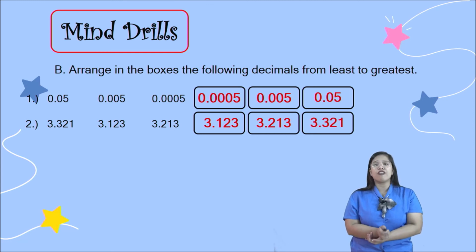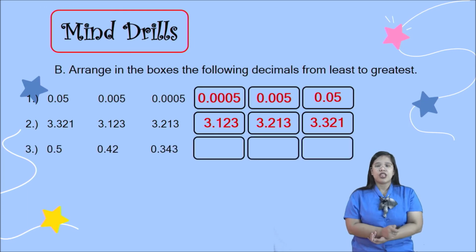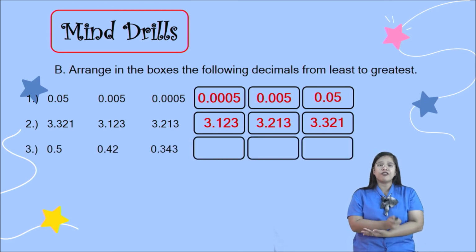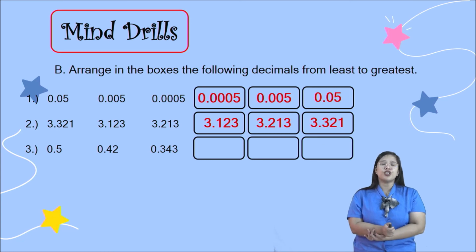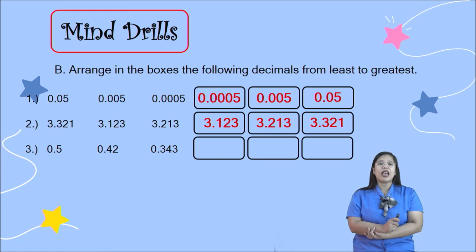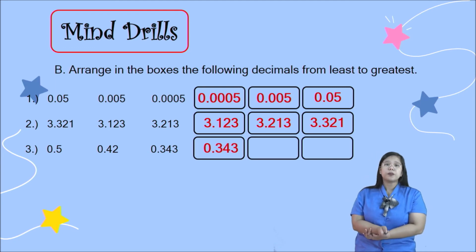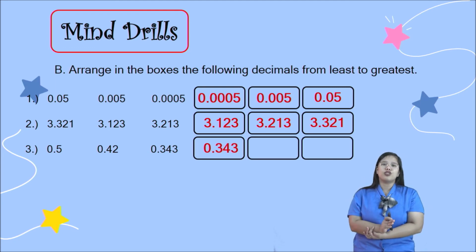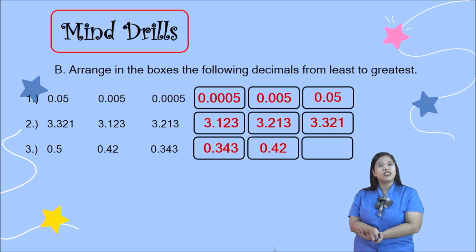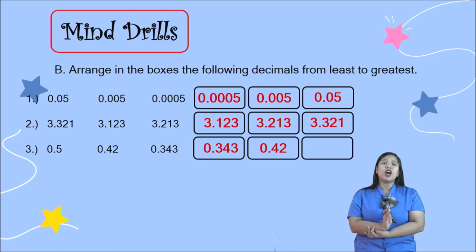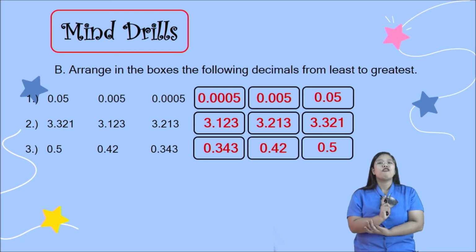And we have 3 and 321 thousandths. Next one, we have 5 tenths, 42 hundredths, 343 thousandths. The first one should be, very good, 343 thousandths, and then 42 hundredths, and then 5 tenths.